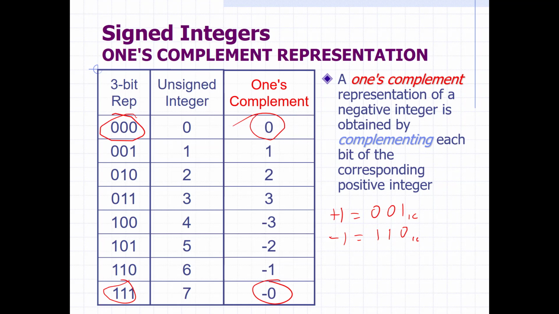So it's not too bad to do conversions, but this ones complement also has a problem. Its math doesn't work, and it does still have the problem of having a wasted spot of positive 0 and negative 0.